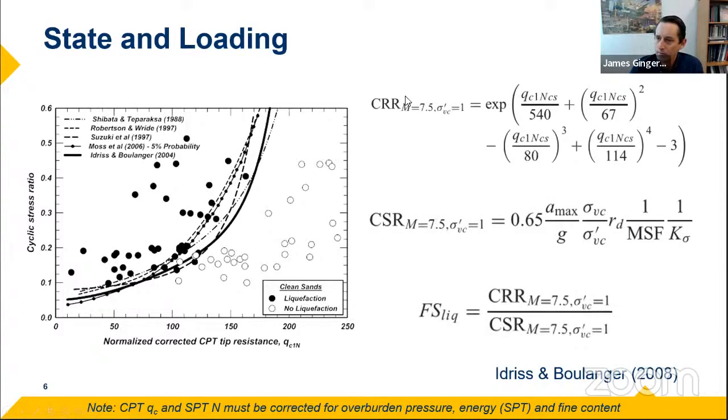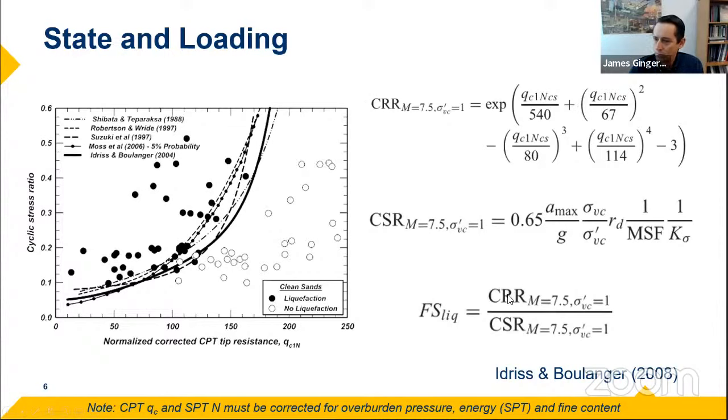And then we have a resistance ratio, and we can evaluate this based on laboratory testing. But because of difficulties with sampling, obtaining samples that are undisturbed, and because we have very well correlated and calibrated field data from many case histories, we're able to develop estimates of the cyclic resistance ratio based on penetration resistance, like the CPT tip resistance or the SPT blow count.